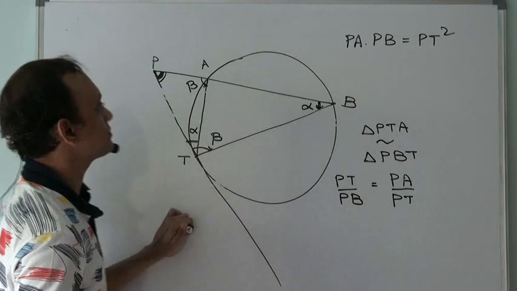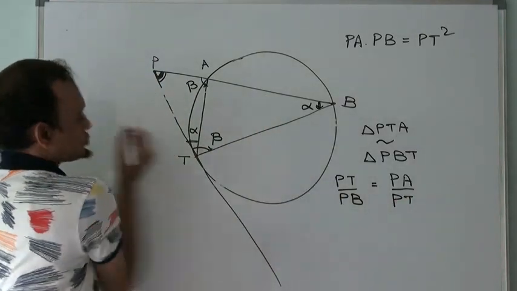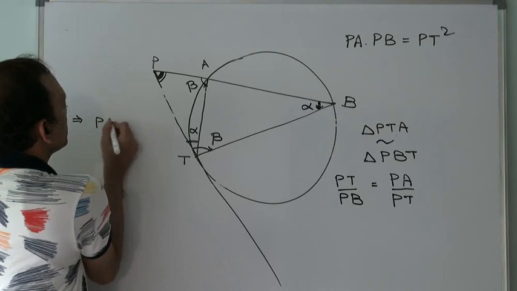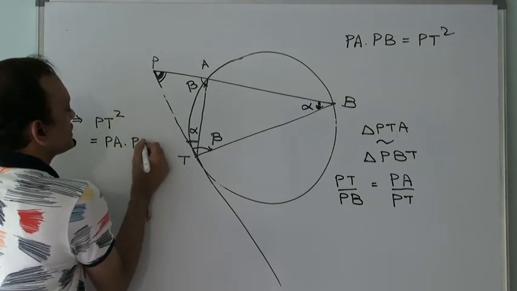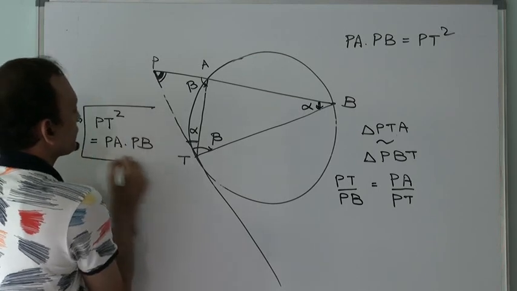That's obtained out of similarity of the two triangles, which on cross multiplication gives us PT squared is PA into PB. PT squared is PA into PB.